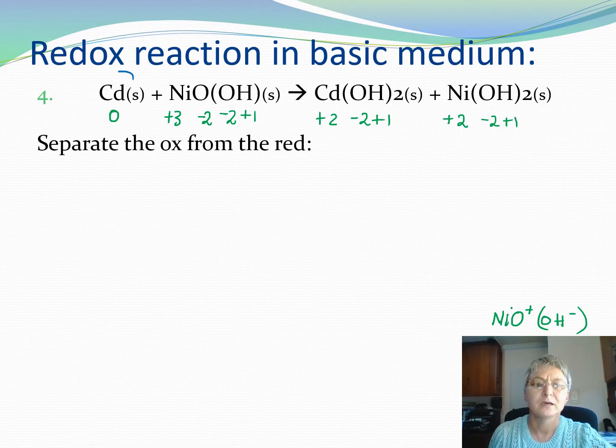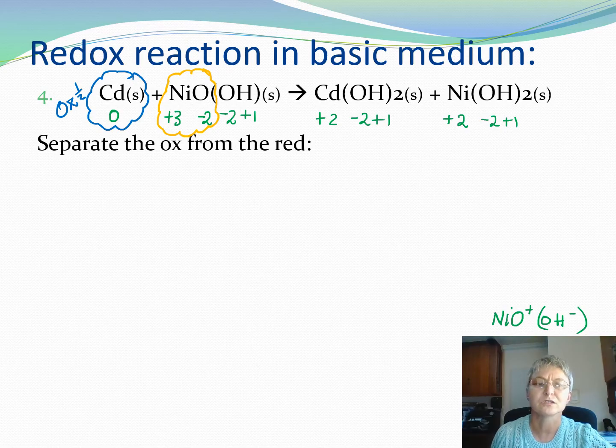So our cadmium had an increase of oxidation number, so it's losing electrons. So this is going to form my oxidation half reaction. The nickel, on the other hand, in nickel oxide has an oxidation number of +3 going down to +2, so this would form my reduction half reaction.